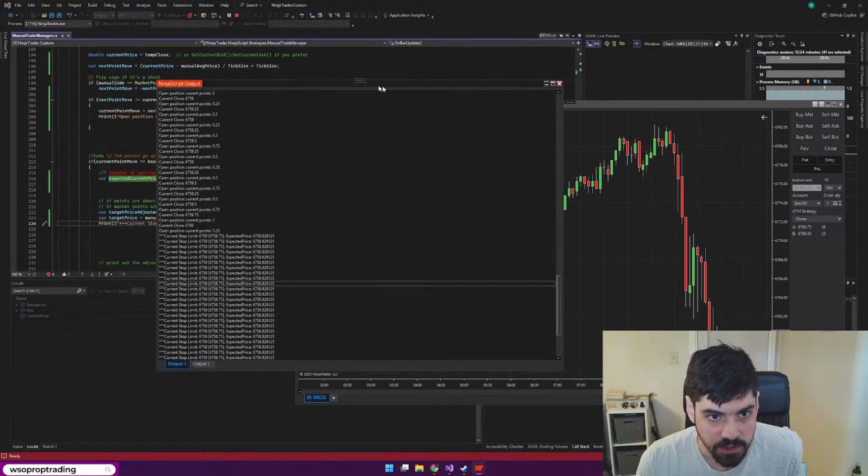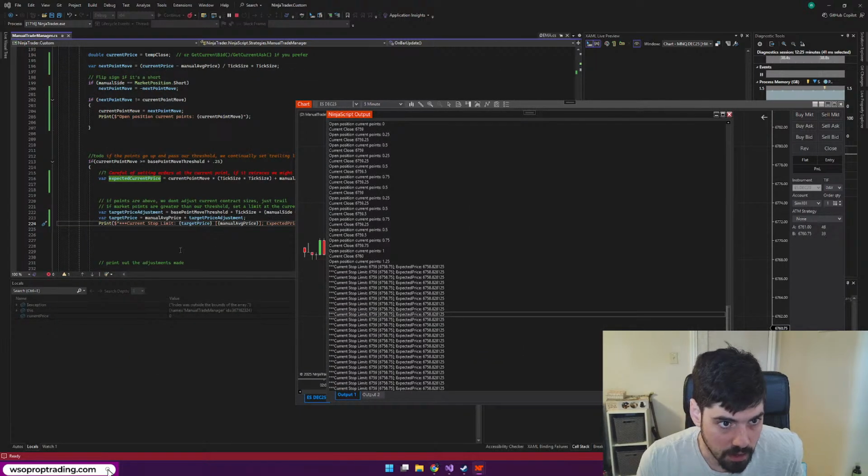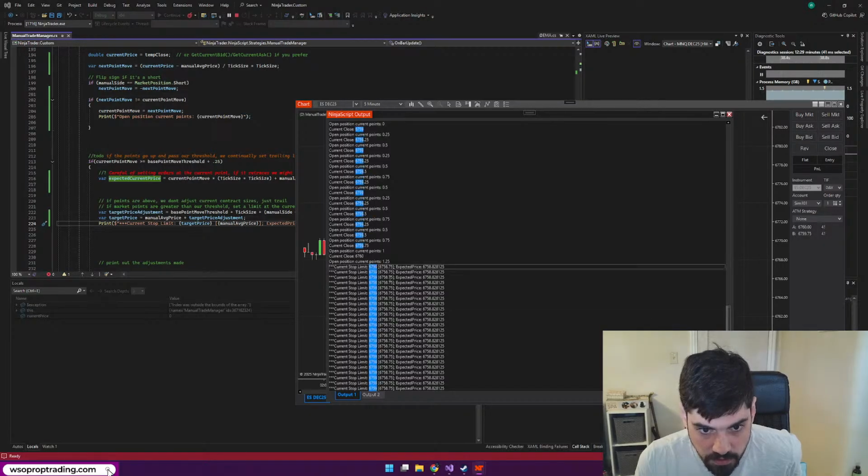Alright, I think that actually, if you look at my expected current price, I think I'm right. Because this is basically what they're saying the current price is.